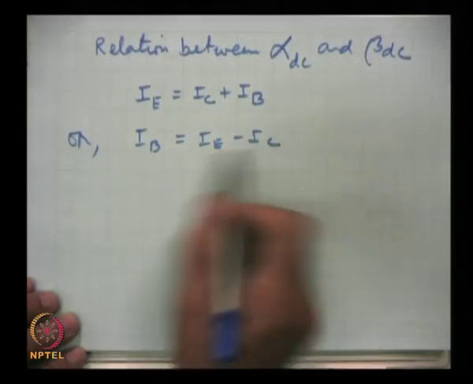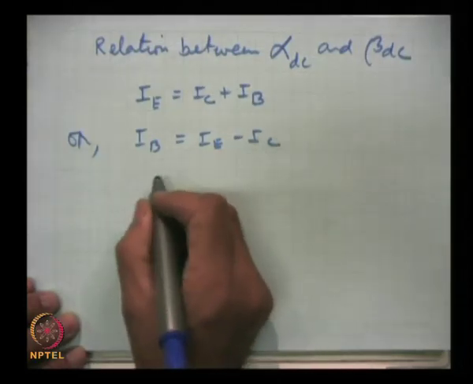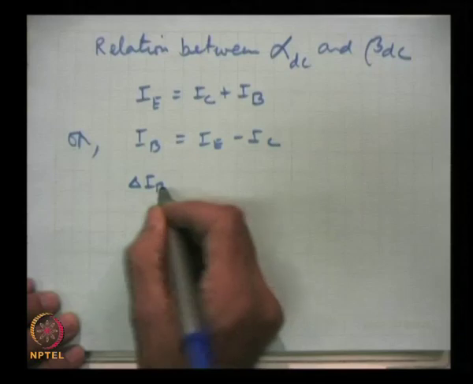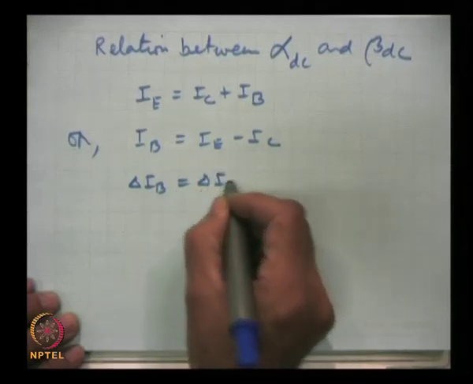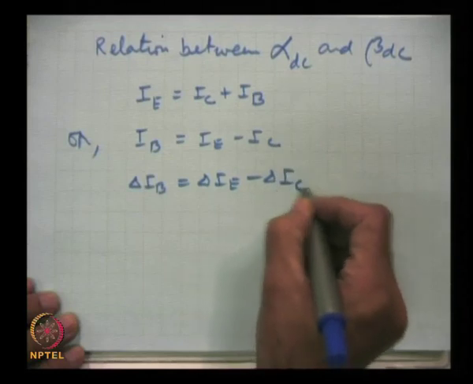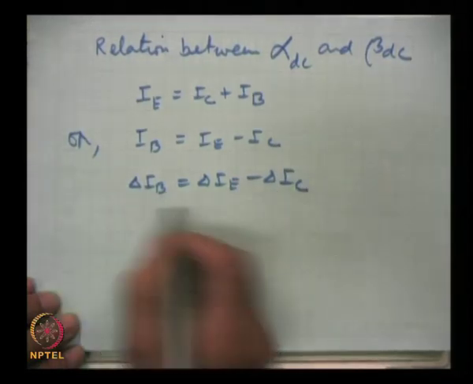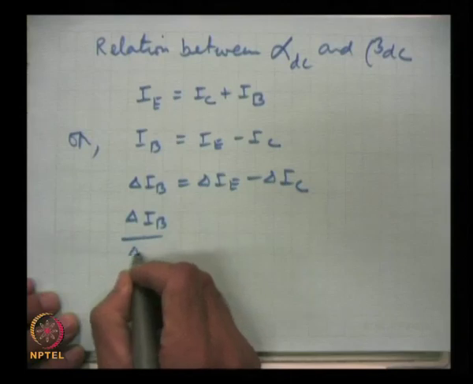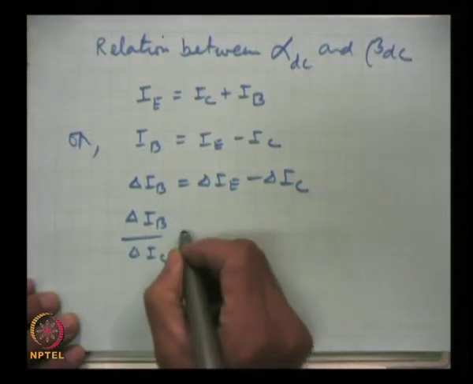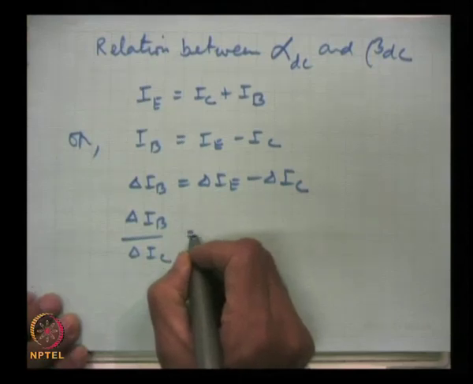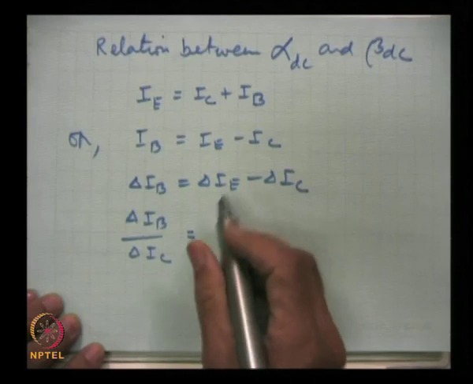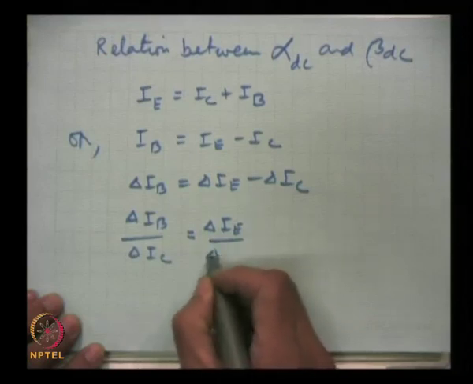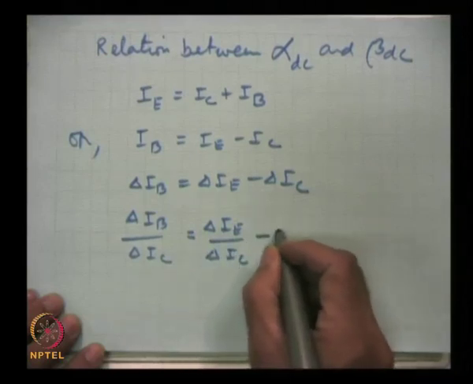If we write in terms of changes, then we can simply write change in IB is equal to change in IE minus change in IC, and this can be written as delta IB by delta IC, which is equal to delta IE by delta IC minus 1.